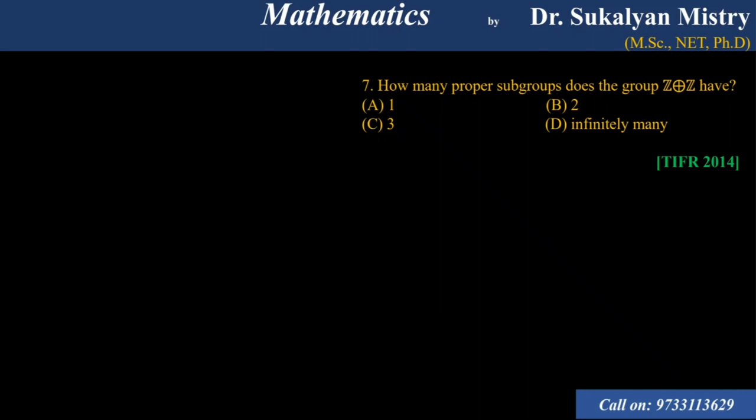How many proper subgroups does the group Z cross Z have? Okay, so this is the external direct product.